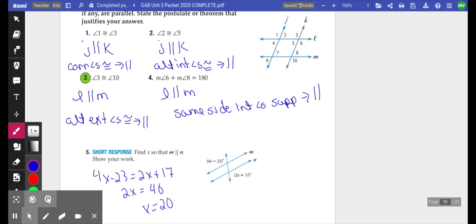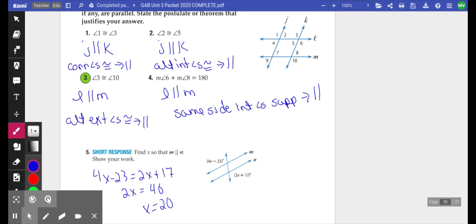All right. So 1 and 3 being congruent implies J and K are parallel because corresponding angles congruent implies parallel lines. 2 and 5 being congruent also implies J and K are parallel because alternate interior angles congruent implies parallel lines. Angles 3 and 10 imply L and M are parallel because alternate exterior angles congruent implies parallel lines.